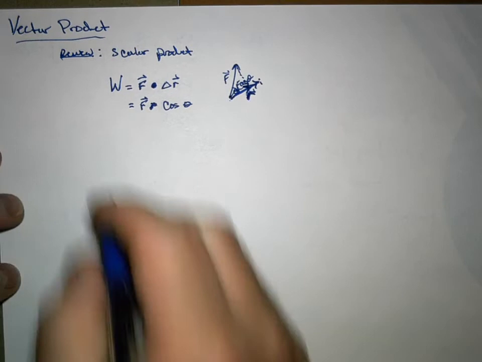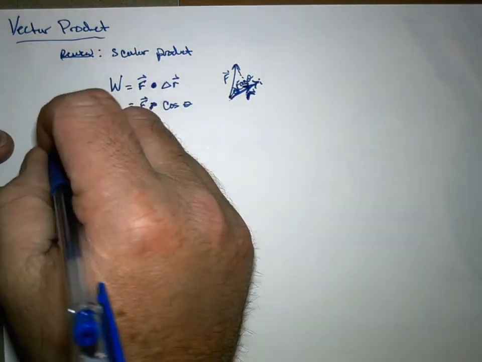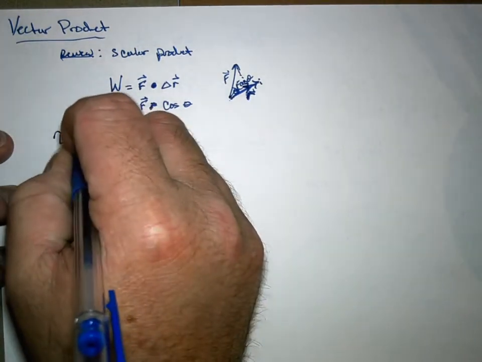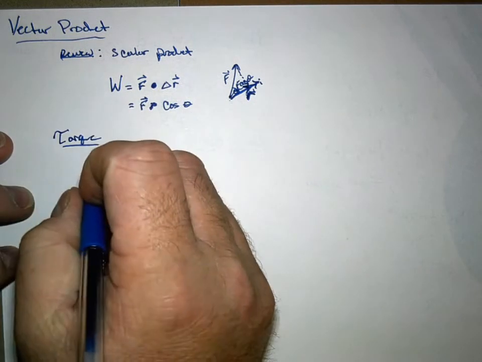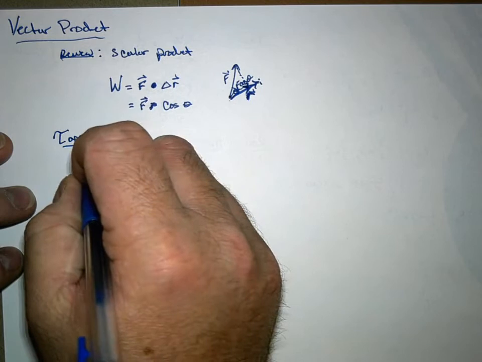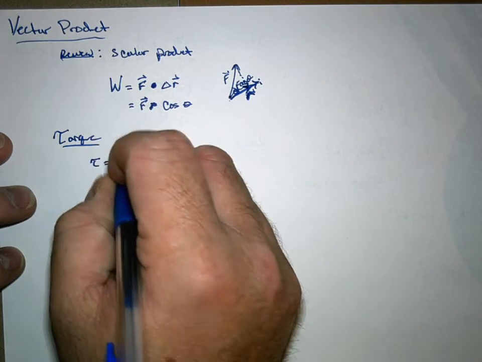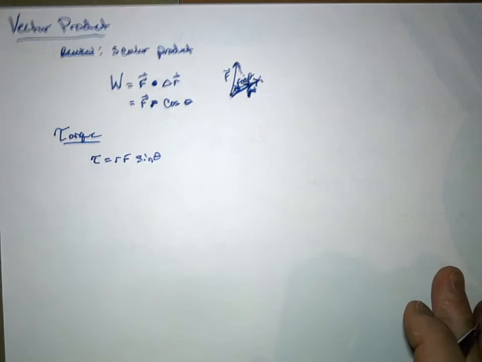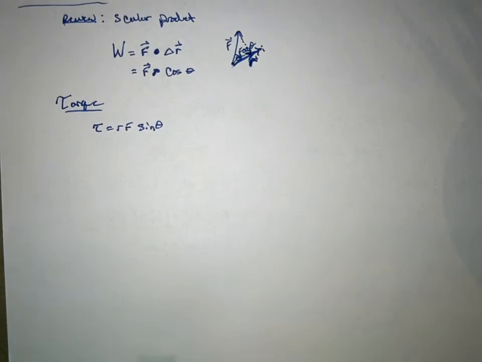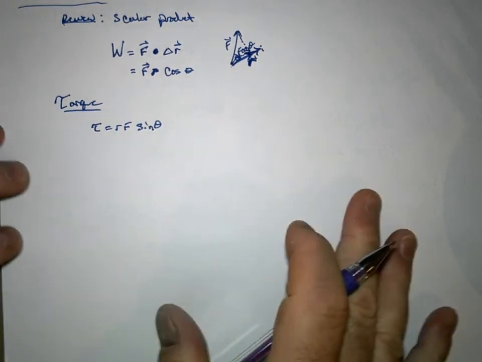Now, torque changed things. Torque gave us a magnitude of rF sine theta, and we're going to explore that a little bit. So we're going to create a circle here.